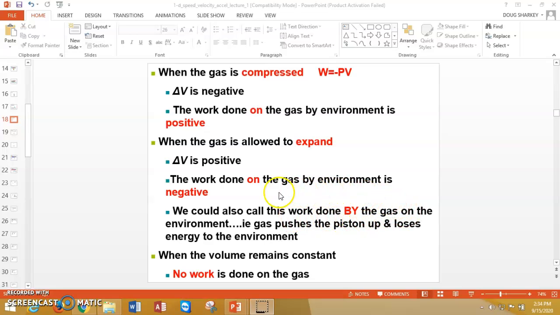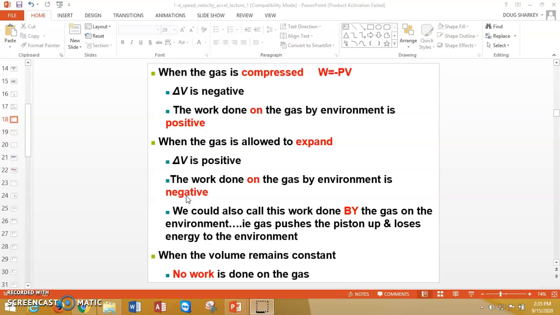So here's the problem. We have this phrase, work done on the gas by the environment. We could also say work done by the gas on the environment. So it depends on the phrasing and what's going on, whether you have a negative or positive volume change. If the gas expands, the change in volume is positive. When you take a positive volume change and multiply by this negative sign, you get negative work. So we could say that the work done on the gas by the environment is negative.